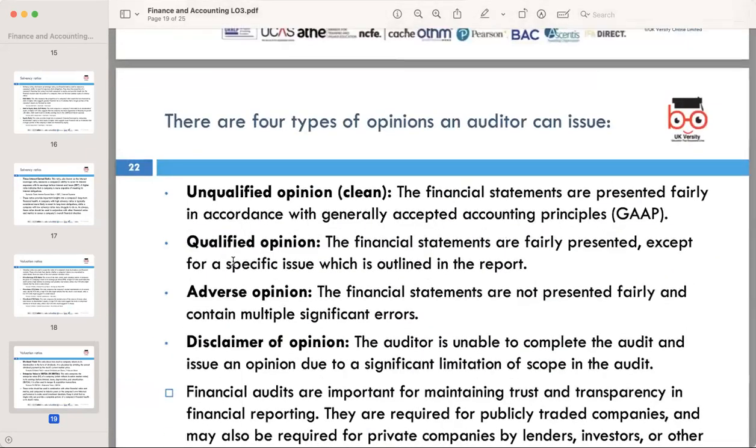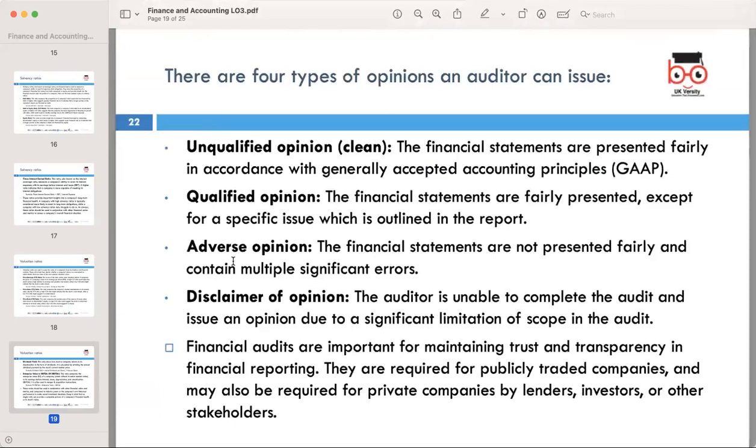There are four types of opinions an auditor can issue. Auditors play an essential role, as I said, in maintaining trust and transparency in financial reports. Their assessments provide valuable insight into the accuracy and fairness of financial statements.